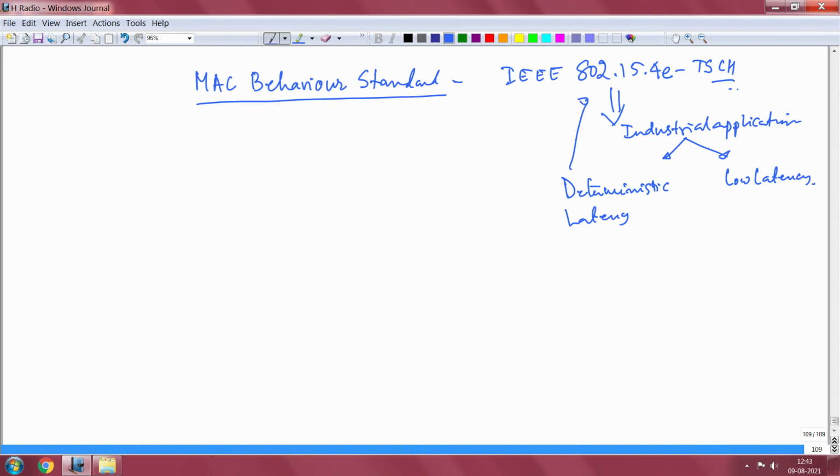It means you will get latency, all right, but it will always be something that is hard. You know that latency a priori. Then it is called deterministic latency. That means you are able to determine the latency and you are very sure that the wireless technology will give you that. Now that kind of latency may not be suitable in several situations.